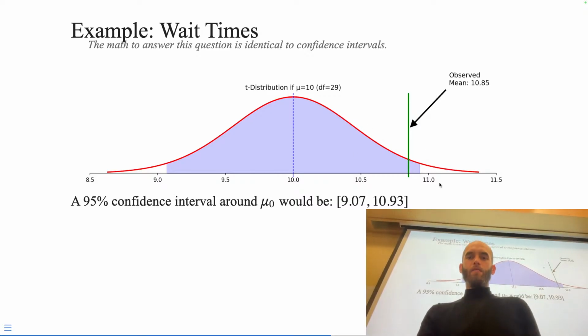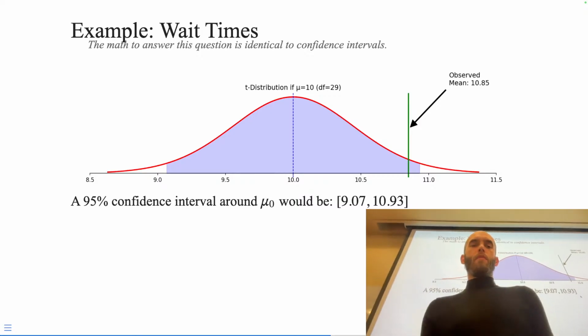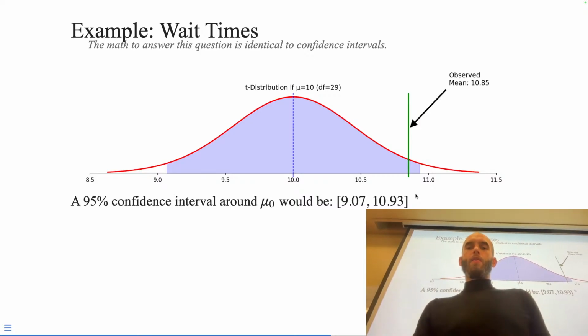And just visually, you can tell our observed sample mean is 10.85, and that falls within these two numbers. So at a 95% level of confidence, we know that the sample mean is within that confidence interval, which tells us that our sample mean is pretty close, at least at this level of confidence, to our guess.